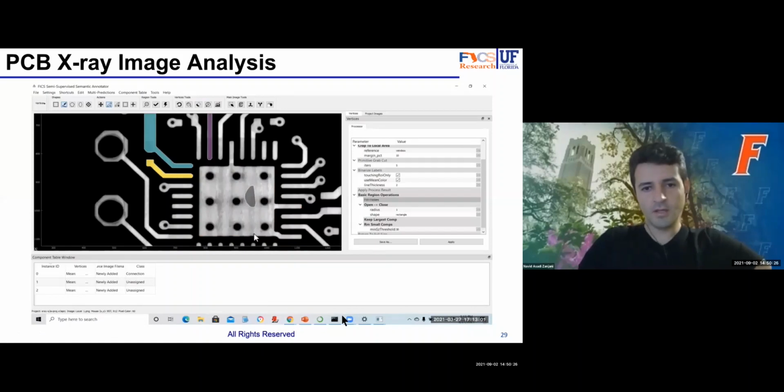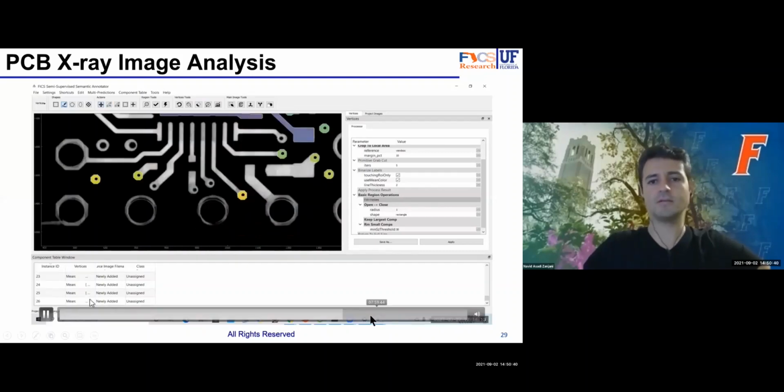In addition, there are specific algorithms behind it for identifying the vias. As you can see, one can extract the via and do it in a semi-intelligent way.